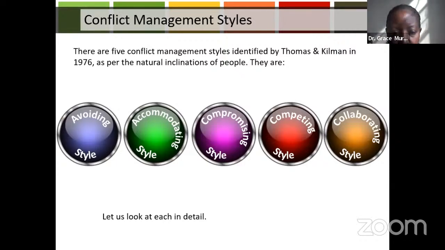Let's take the example of Rosie and John. Remember Rosie and John yesterday? Rosie wants to directly give roles to this team, and John thinks it is not right. If John was to accommodate, he would say, okay, fine, you be the one to allocate all the roles.